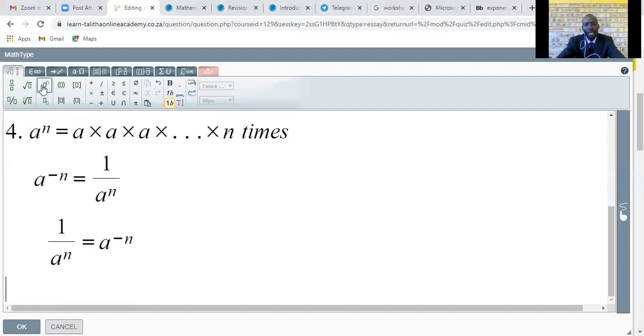Well, what will this then lead us to? This is supposed to lead us into what we now call the laws of indices or laws of exponents. Sometimes known as laws of indices.